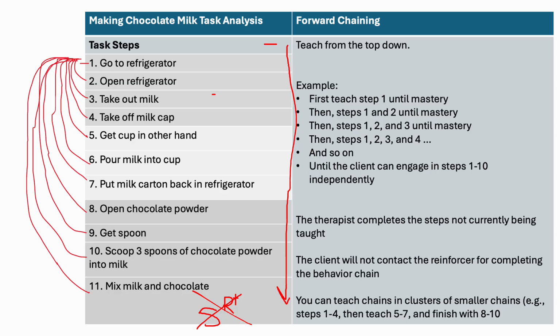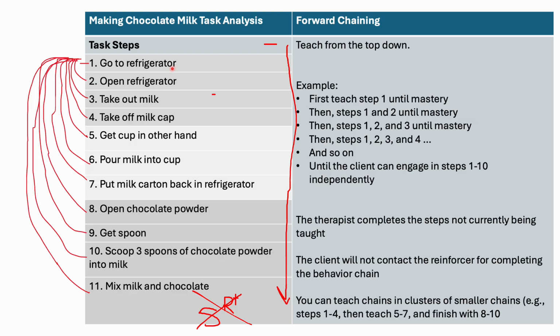So let's say that my first cluster, you can see that I'm sure you can notice that, excuse me, by the way, I'm a little bit sick, as I mentioned, that you see how these are all in darker gray? This could be our first cluster. So initially, when we start the forward chaining procedure, we'll work on all of steps 1 through 4 together. So this allows you to be a little bit more efficient. It does require more response effort on the learner's part. So this may or may not work for your learner.